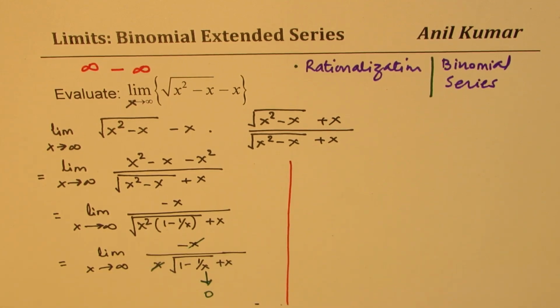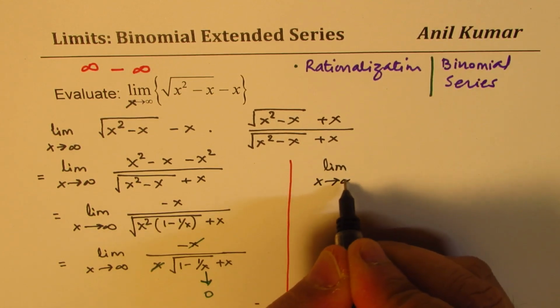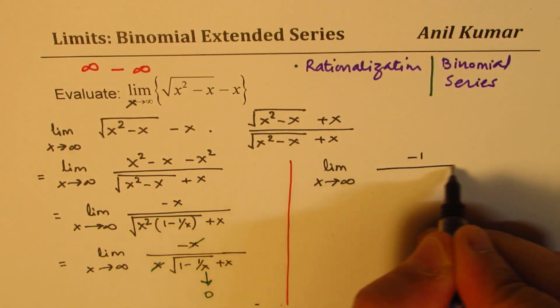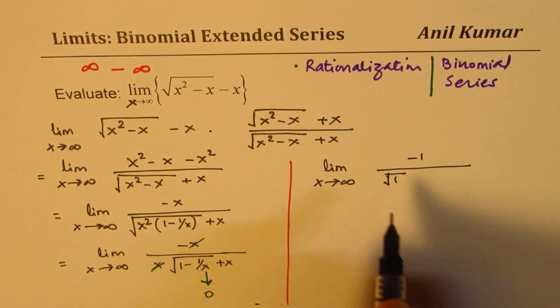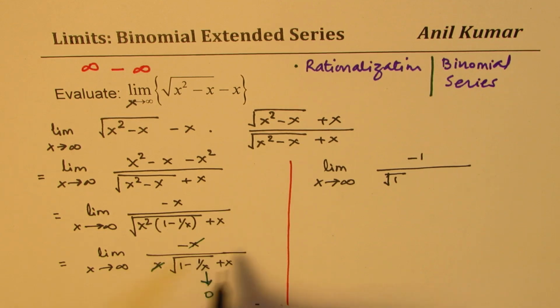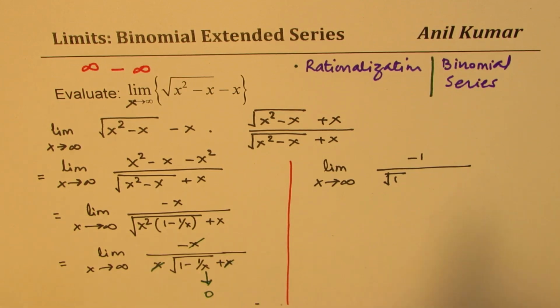So what do we get? We could write this as the limit as x approaches infinity of minus 1 over square root of 1 plus 1. Before cancelling, I should have taken a common factor.